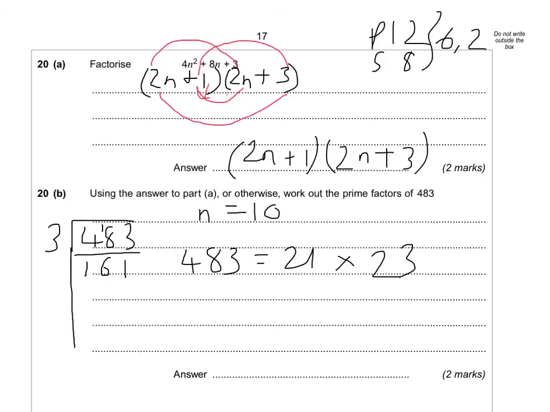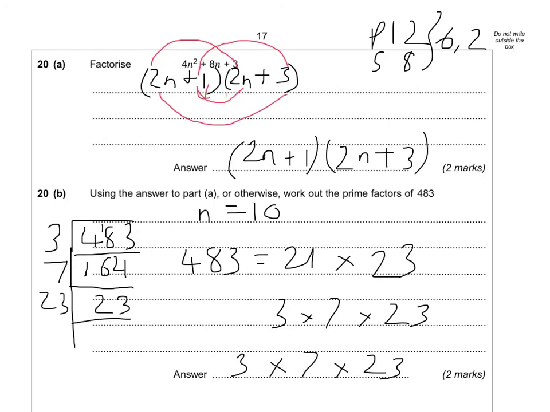So you might think that's the answer, but of course you should realize that 21 is not a prime number, and it is actually 3 times 7. So that's how we get the answer from the previous part. But just carrying on with here, it would be realizing at this stage that 7 goes into that twice, remainder 2, 7 into 21 goes 3 times, and 23 is a prime number to get the same answer.